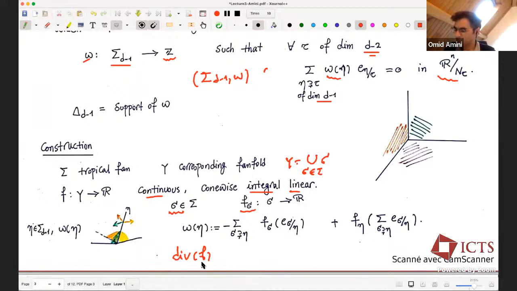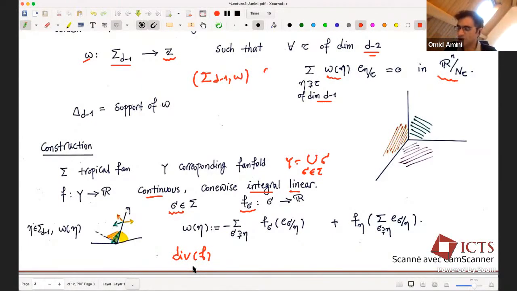If you are used to the terminology in algebraic geometry, the divisor of a function, usually if you work with holomorphic functions, gives you exactly the zeros and the poles of that function. In a sense, if you are working with a tropical fan, these functions, which are continuous and conewise integral linear, are somehow holomorphic functions with respect to that fan. And the divisor gives you exactly the zeros and the poles of this function. So you should view it in this way.